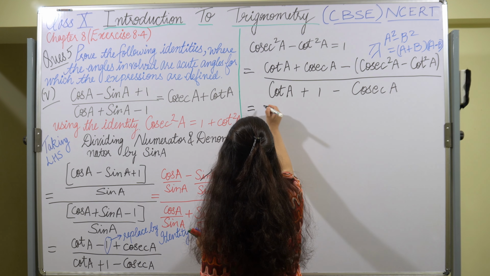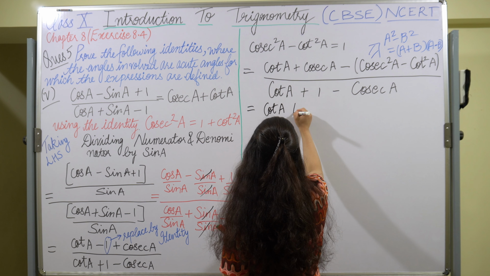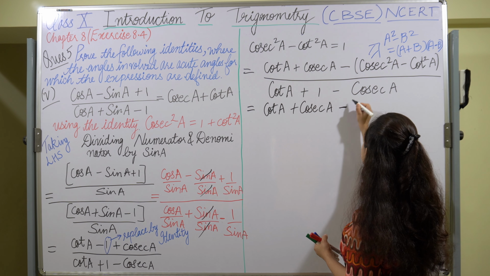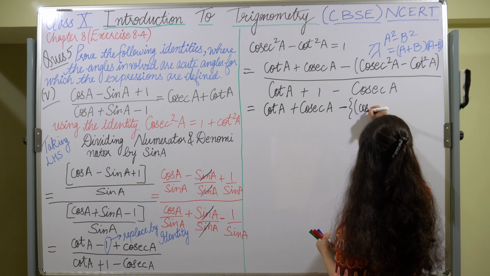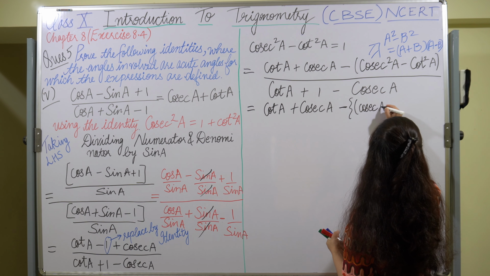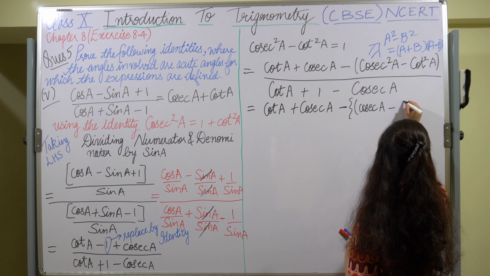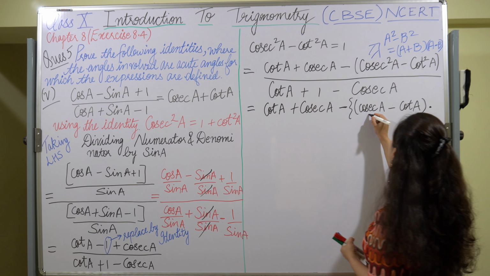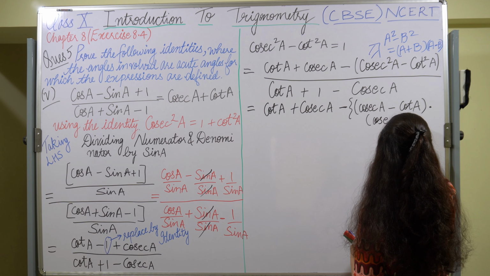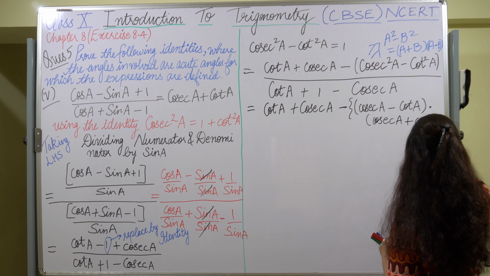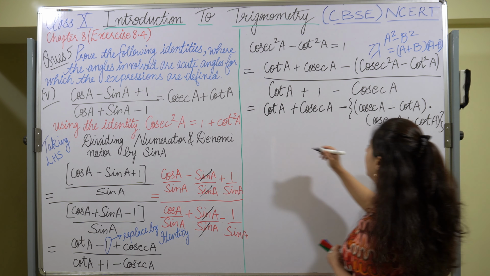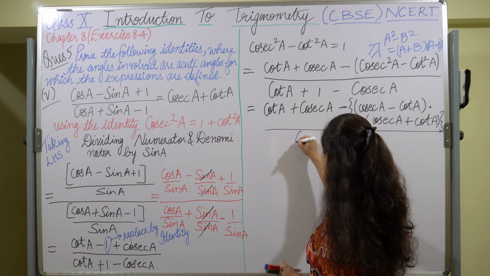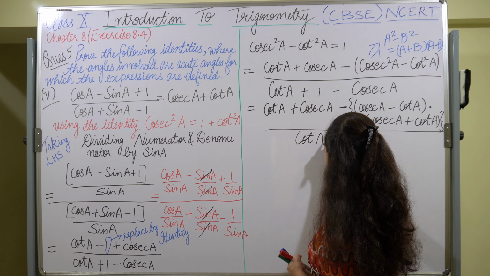So from here we will be getting cot A plus cosec A minus (cosec A minus cot A) into (cosec A plus cot A). Okay, and the denominator is the same, we have done nothing with the denominator.